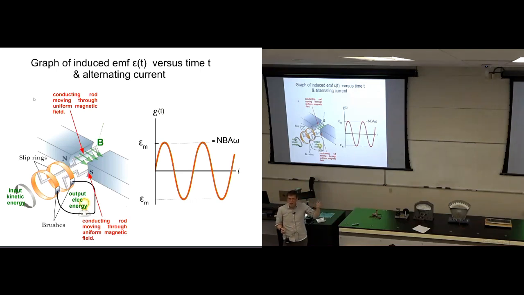It's much easier to generate electrical voltage and currents with the rotational generator than it was with the translational generator. But also the nature of the electrical currents and voltages is very different. Here you get what we call an alternating current, voltage out of the rotational motion generator if you turn the loop or wire at constant angular velocity. In the translational case, you got out a DC, direct current, voltage out of the generator when you move the rod with constant velocity. So that's a big difference.